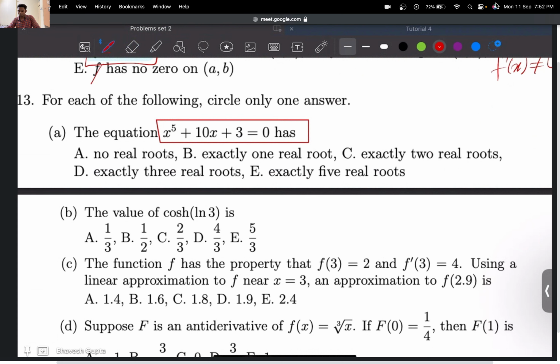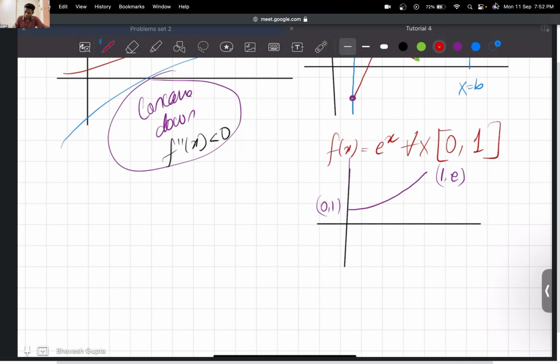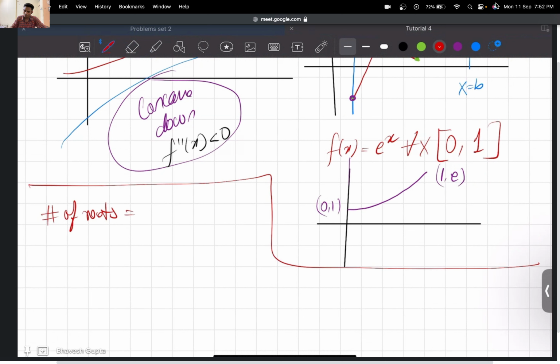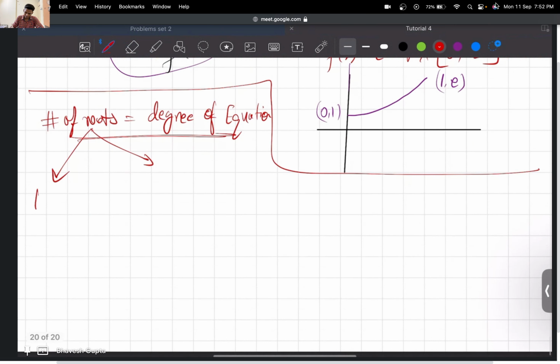So first of all, I need to make clear that the number of roots is equal to the degree of the equation. But you might have some roots which are real, some as complex.